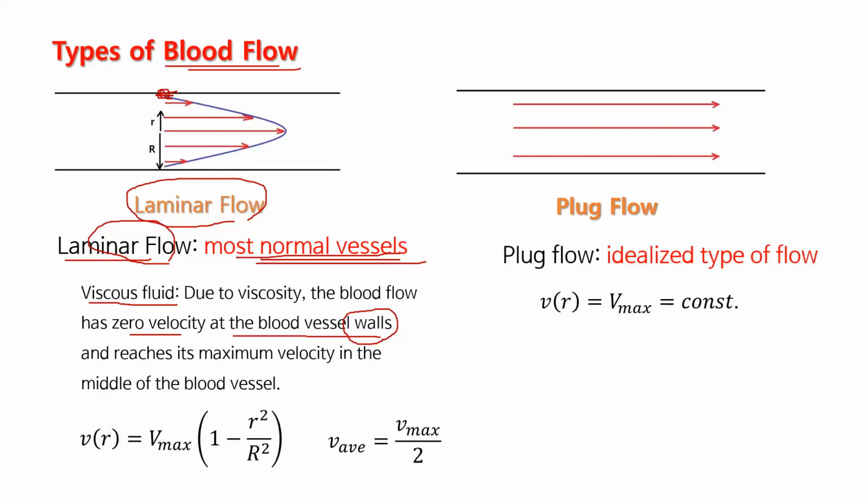And for this reason, the velocity of blood flow is zero there, and reaches its maximum velocity in the middle of the blood vessel, because viscosity is minimum at the center of the blood vessel.